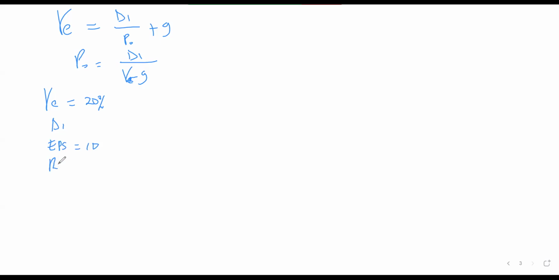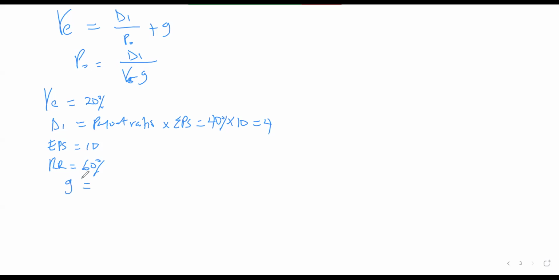And we are told retention ratio is 60%. If retention ratio is 60%, then payout ratio is 40%. If I want dividend, it should be payout ratio times earnings per share. That's 40% times 10, giving me 4. So that's D1.